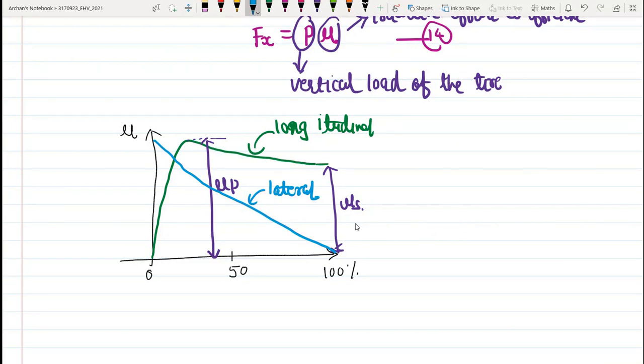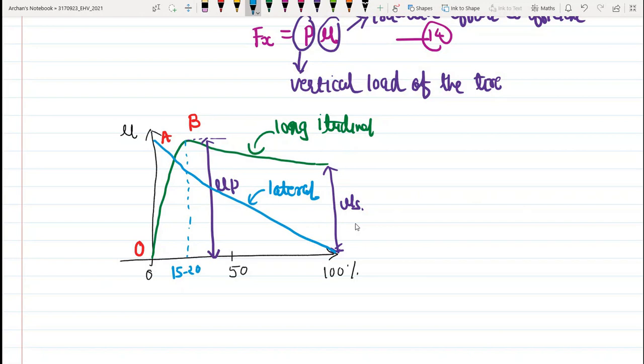Now let me define these terms. Say this is my 0, this is point A, here is point B, and at this maximum value, let us say my slip is 15 to 20%. If I talk about this section OA, it is the small slip range, right?